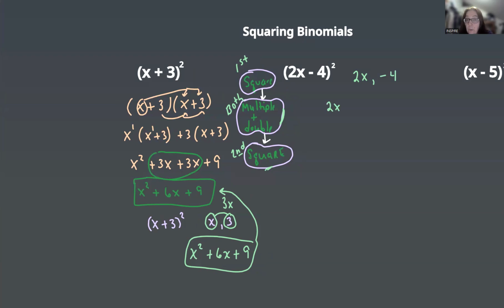We're going to square the first term, 2x times 2x. That gives you 4x squared. Now we're going to take the 2 terms and multiply them together. 2x times negative 4 is negative 8x. We're going to double that. Negative 8x and negative 8x is negative 16x.